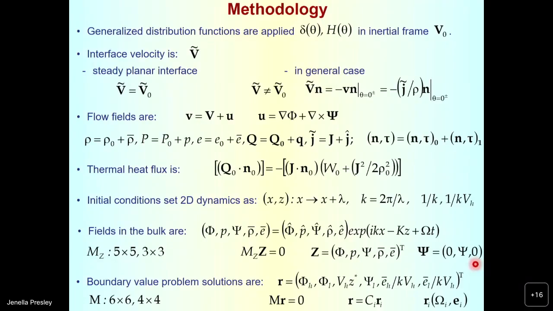So it's a 4x4 system. If we are talking about realistic fluids, we have a 6x6 system. So we have potential 1, potential 2, vertical field, interface perturbation, and 2 internal energies, on one side and on the other side. So it's a pretty complicated structure.